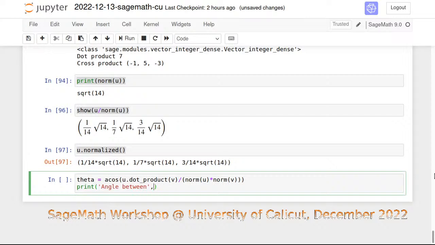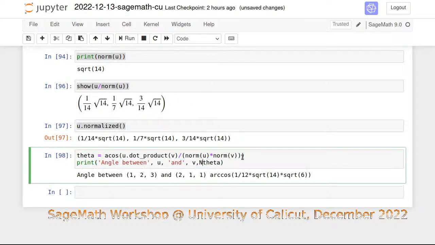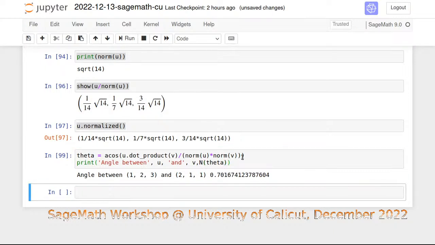Angle between u and v. Or if you want a numerical approximation, you can go for n.